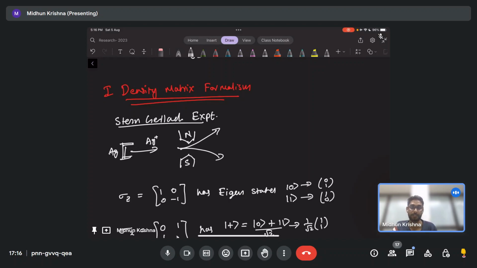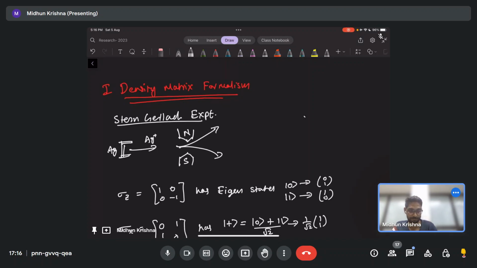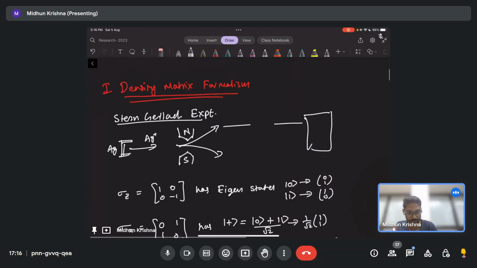So if it was a classical particle, in which case the spin is a continuous variable, this particle basically goes and hits a sheet of photoluminescent material, and they make scintillations from which I can see where the particle has hit.